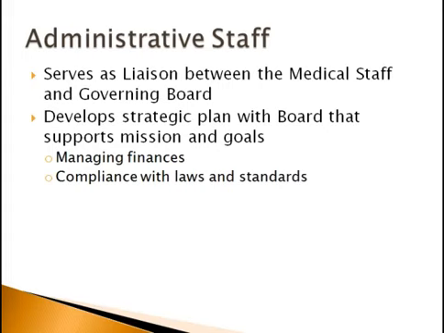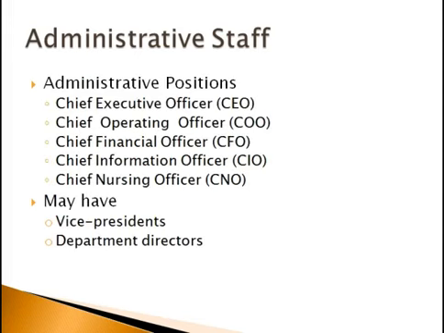The administrative staff manages the finances, and again, they make sure that the hospital operations are in compliance with the law and standards. The administrative staff usually consists of a chief executive officer. He is the administrator who's, again, responsible to the board for whatever actions occur in that healthcare facility.